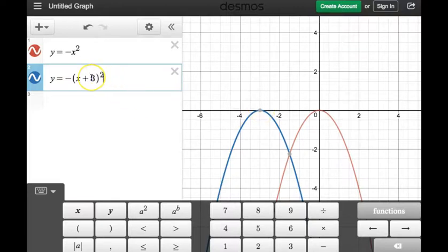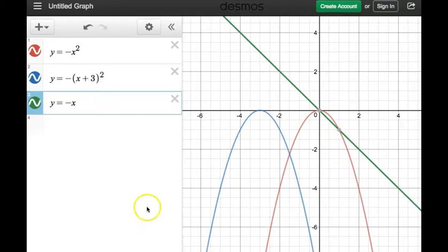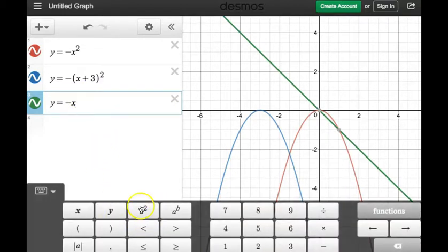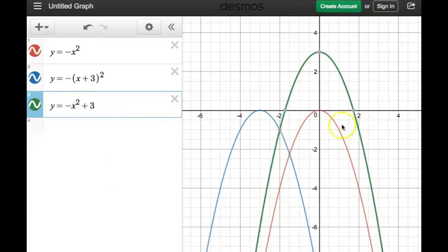What makes inside the bracket 0? Negative 3. Plus 3 is 0. So it's negative x squared with a sideways shift. This other one, y equals negative x squared plus 3, is the negative x squared curve, the red one, shifted up 3 units.